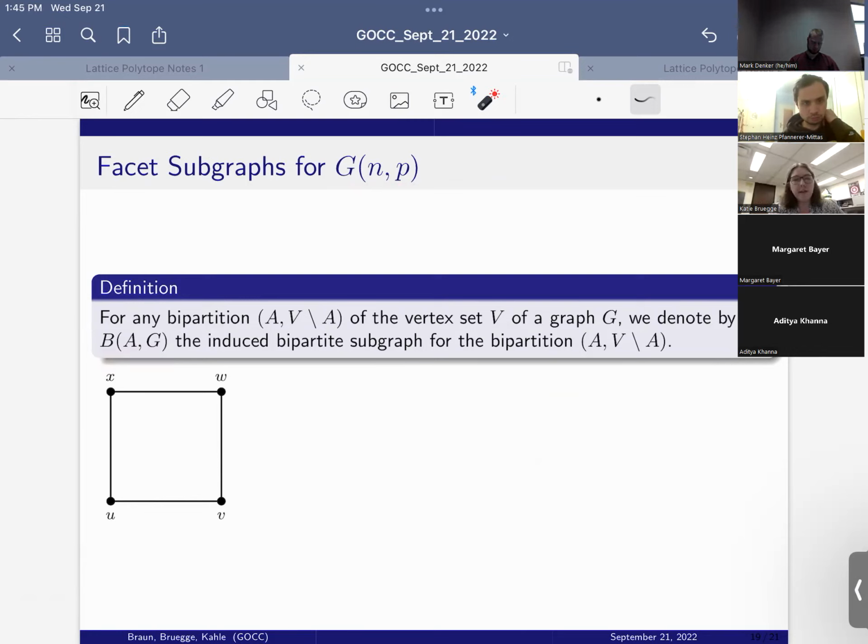For any bipartition of the vertices of a graph, we denote by B(A, G) the induced bipartite subgraph for that bipartition.